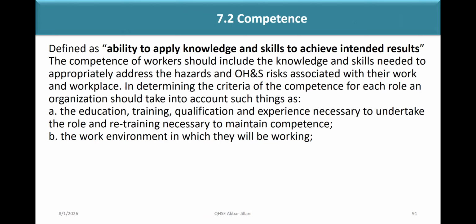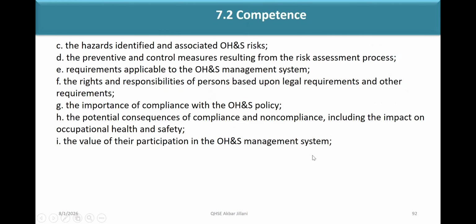An organization should take into account such things as the education, training, qualification, and experience necessary to undertake the roles, and the retraining necessary to maintain competence, and the work environment in which they will be working.